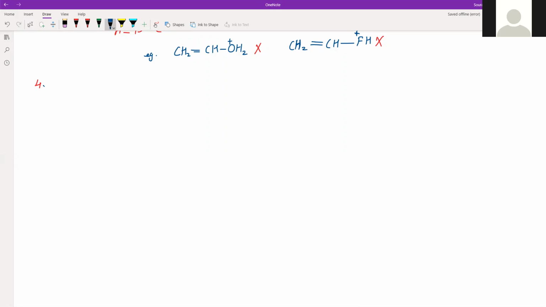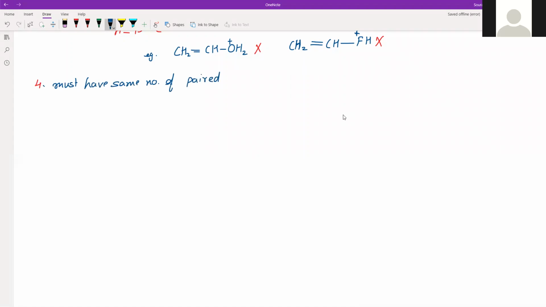So what is this 4th point? The resonating structures must have the same number of paired electrons.